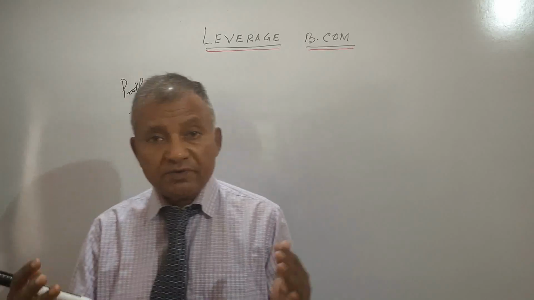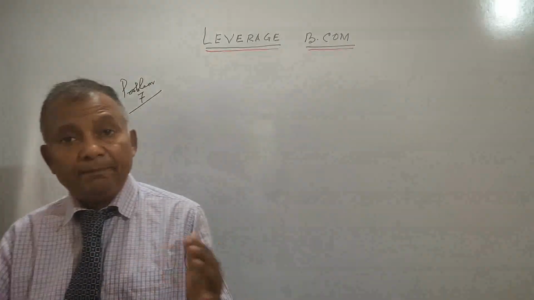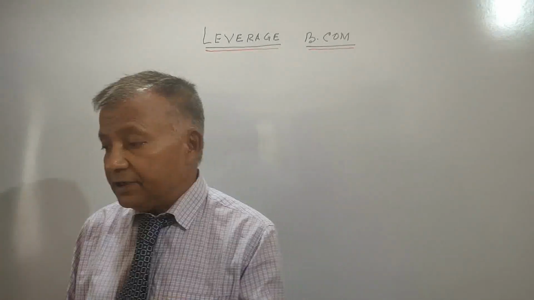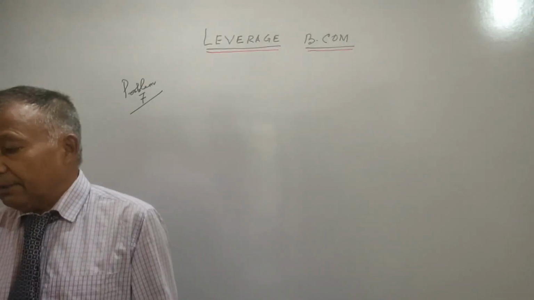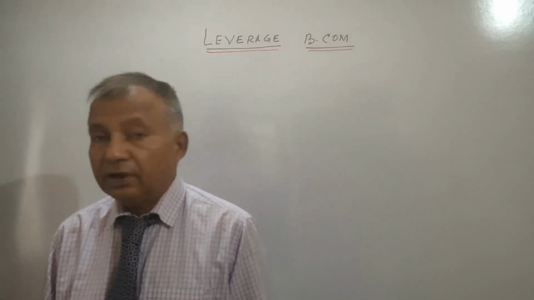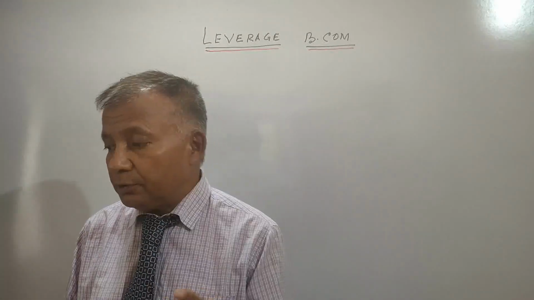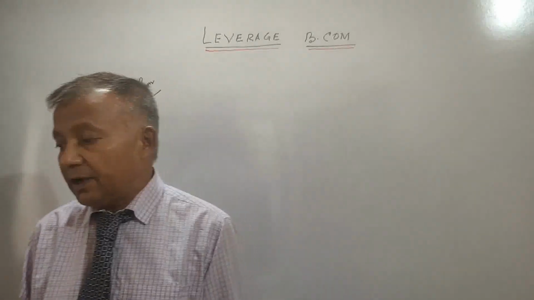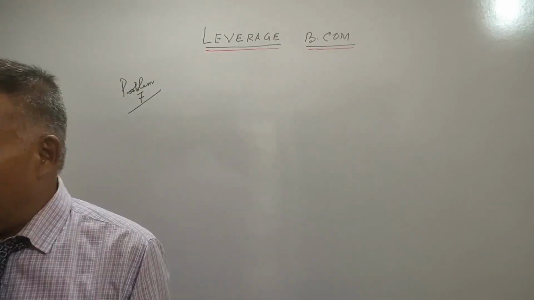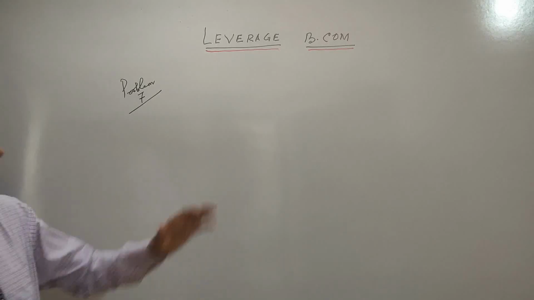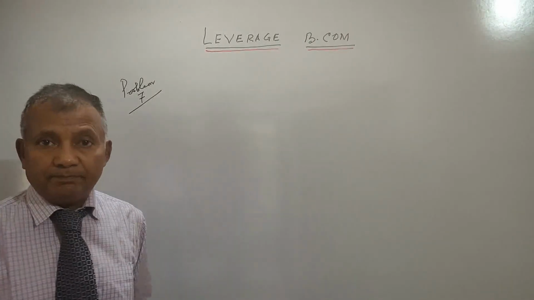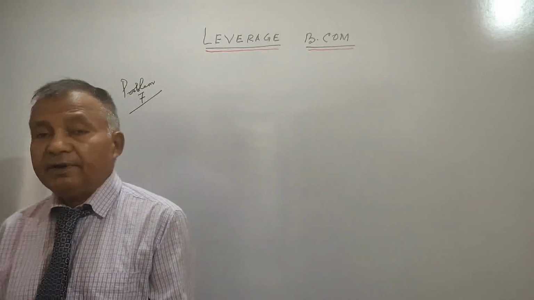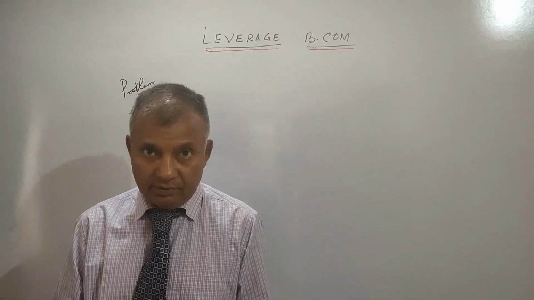ABC Limited. Problem 7 is a little bit different type of problem where they have given you the return on equity, the financial leverage, and you are asked to compute the return on equity if the return on investment is 20%. So they have given you return on investment 20%.